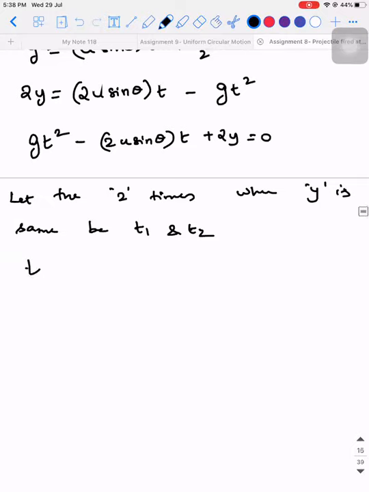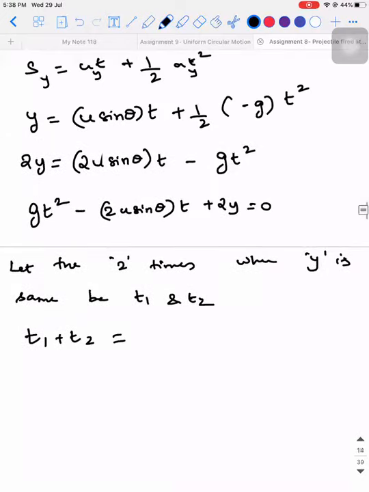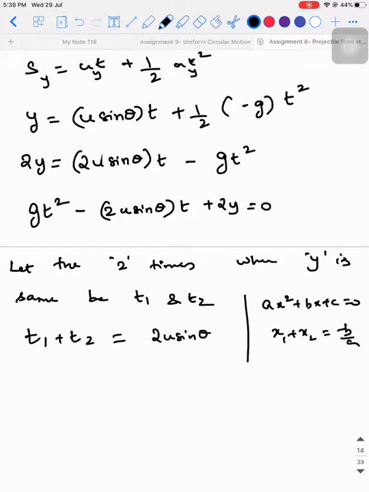So what is the sum of the roots, T1 plus T2? If you have ax square plus bx plus c is equal to 0, what is the sum of the roots? x1 plus x2 is equal to minus b by a. You know this formula? Yes, sir. So t1 plus t2 is minus b, which is nothing but 2u sin theta, divided by a, which is g.